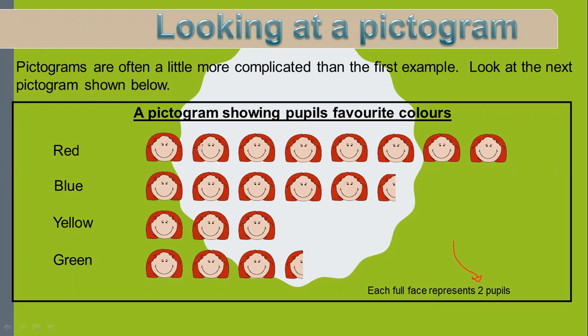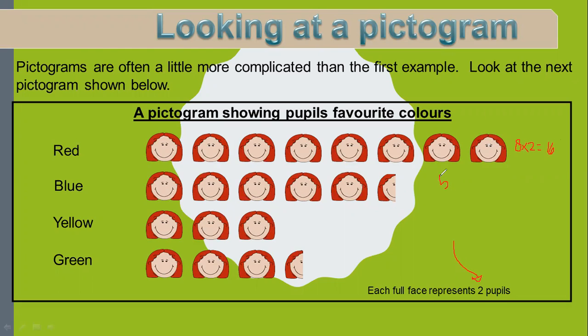Right? So here we can see, you can see here, how many people are here? 1, 2, 3, 4, 5, 6, 7, 8. 8 times 2 is equal to 16. Okay, it is 16. And then how about this? 1, 2, 3, 4, 5.